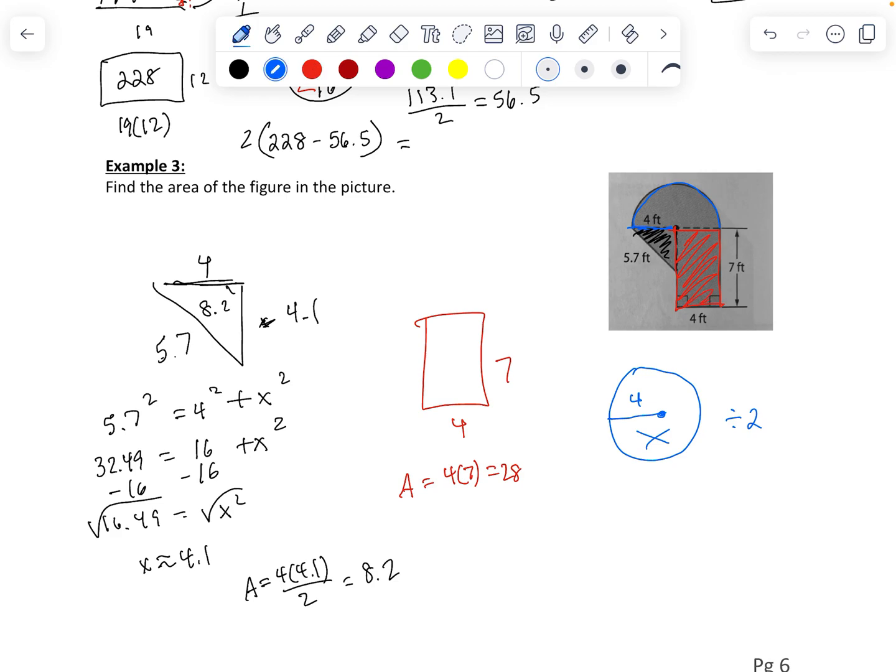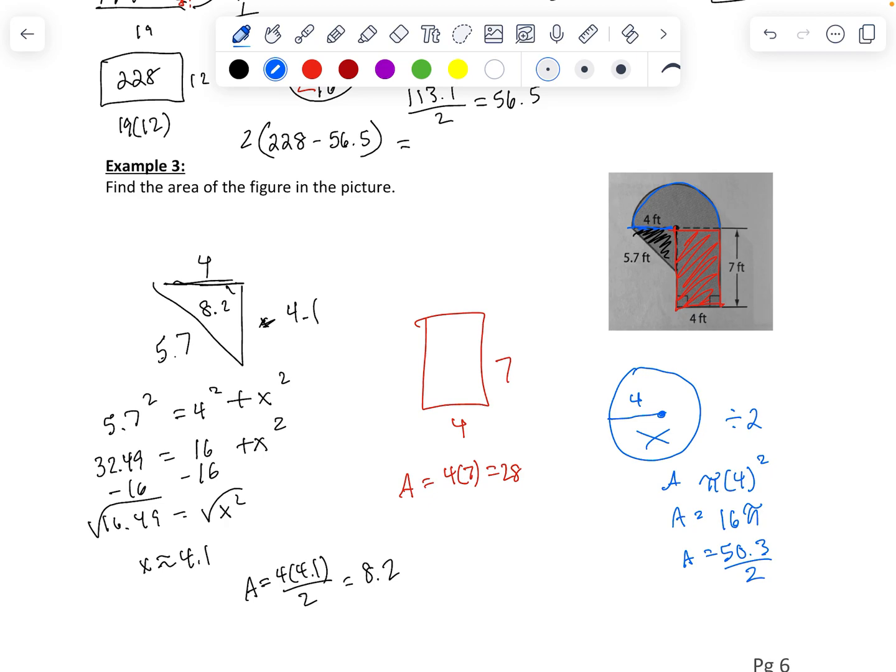And then lastly, pi r squared. So 16 pi. So I'm going to go to my calculator, type in 16 pi, 50.3. But remember, we only want half.